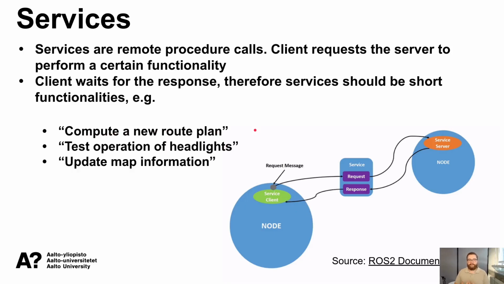So maybe you have received some new information and you need a new route plan to continue operating with your mobile robot. You probably can't do anything else meanwhile, so you send out this task, hey, give me a new path to follow. Quite simple calculation. Of course, depending on implementation, but still.